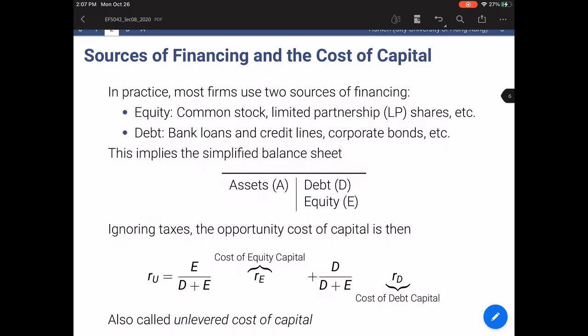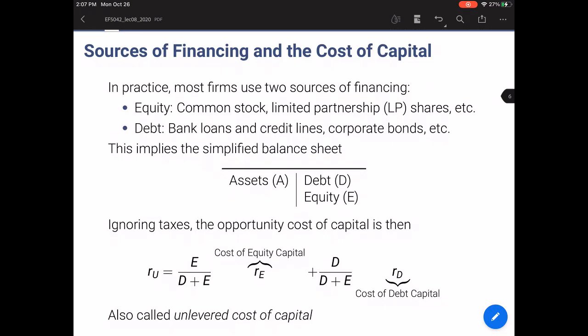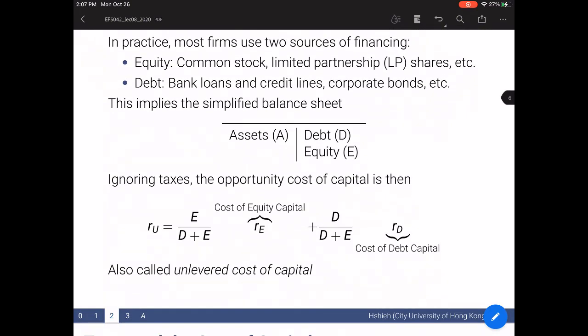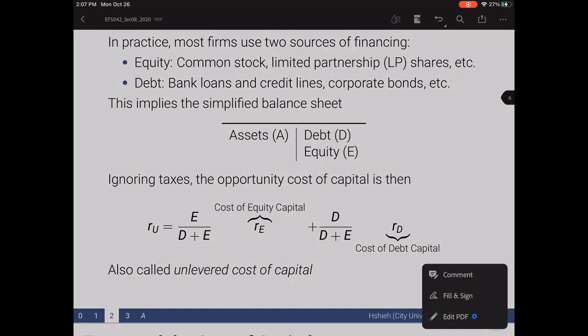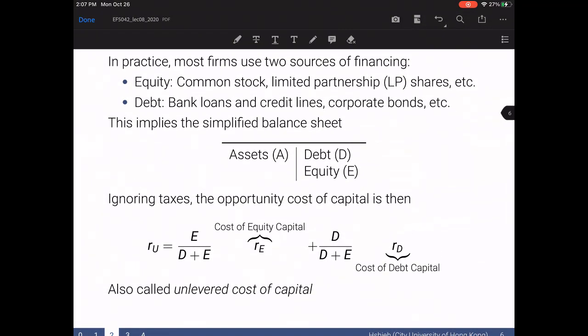So in the case in which we have no taxes, we can come up with a very simple generalization for the cost of capital for the firm. That's what I have written here. If we take RU, where U indicates, let's call it, the unlevered cost of capital, that's what the U stands for.